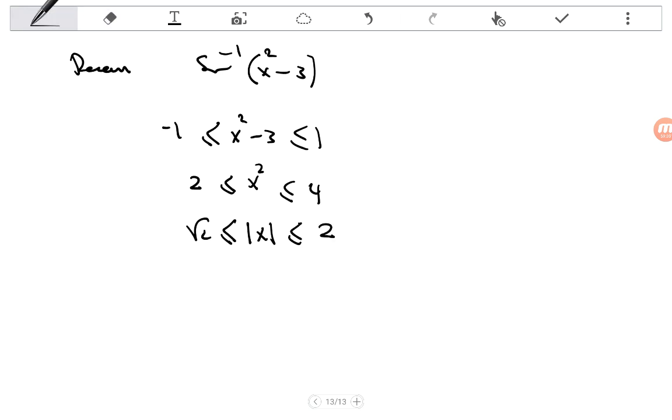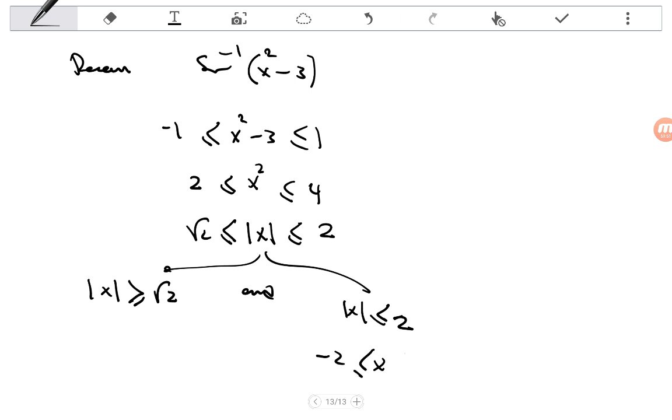Now I have two inequalities. Absolute x is greater than or equal to root 2, and at the same time absolute x is from negative 2 to 2. Absolute x from negative 2 to 2 means x is from negative 2 to 2, like this. And if I make this red, root 2 and negative root 2 mean x greater than root 2 or x less than negative root 2.